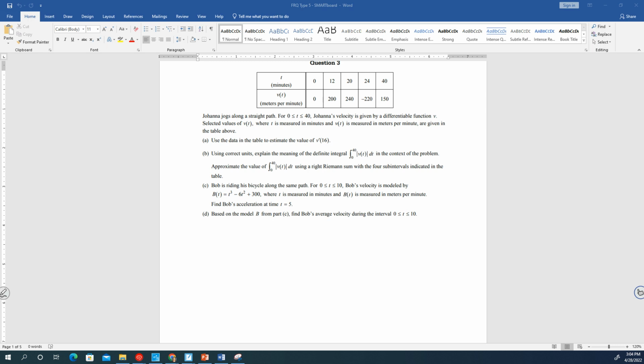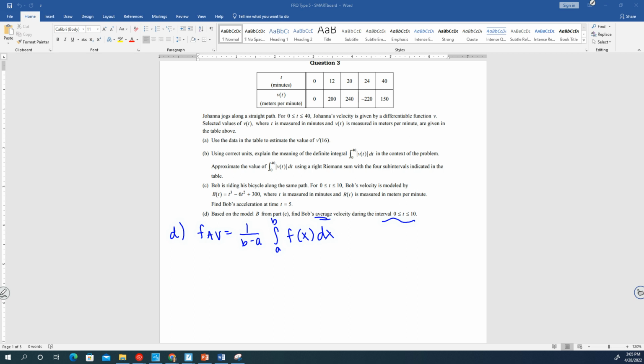Okay, part D. Based on the model of B from part C, find Bob's average velocity over this interval. Oh boy, here we go. We know our average formula. I do have it written here, the generic. We do 1 over B minus A times the definite integral from A to B of f of x dx.